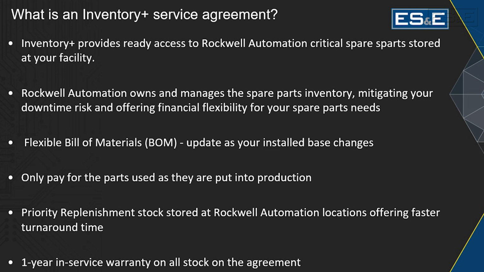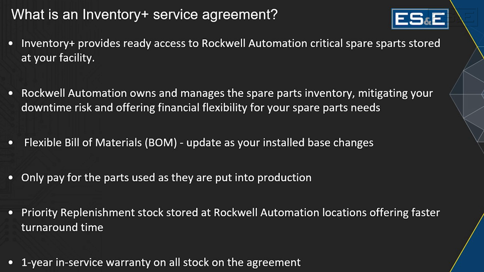Now they offer the priority replenishment, which actually takes that asset and they store it at Rockwell's hub location for you. So if you need it, we'll give Rockwell a call and say, hey, we need to replenish whatever asset it is, and they'll go ahead and start the process of sending it to you. So it's definitely a faster turnaround time. So it's always definitely a benefit there.